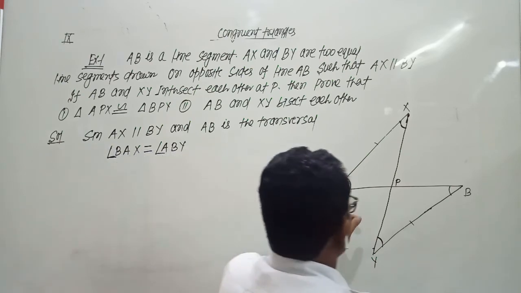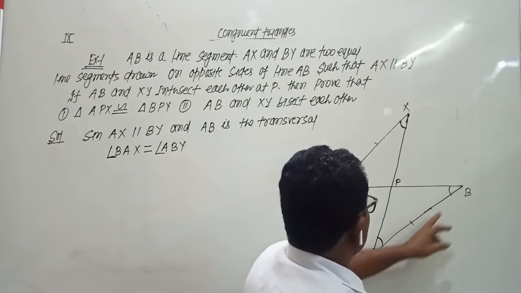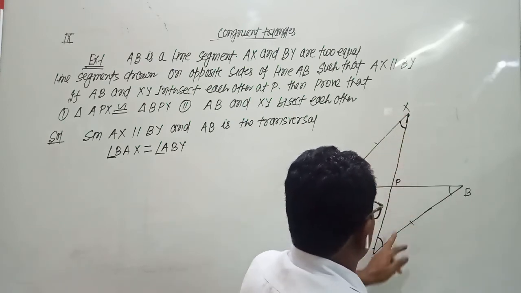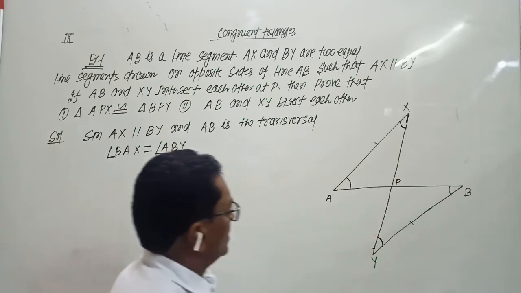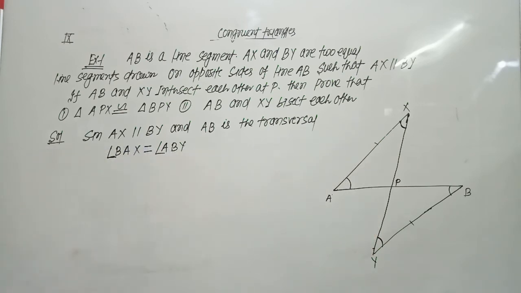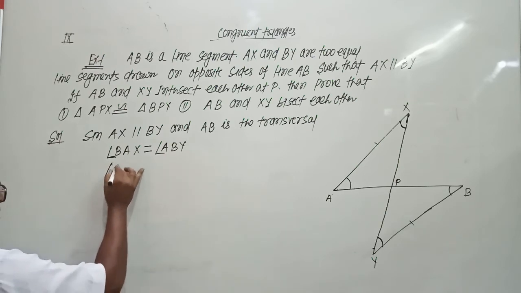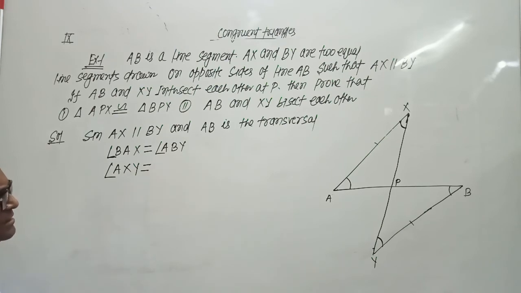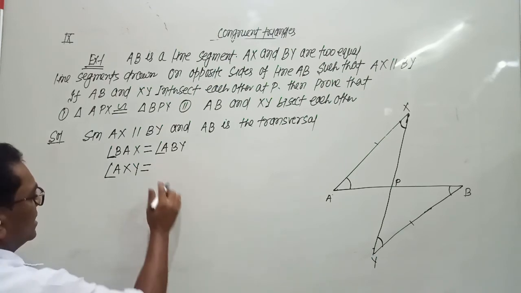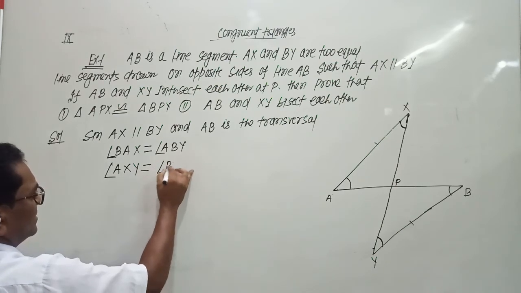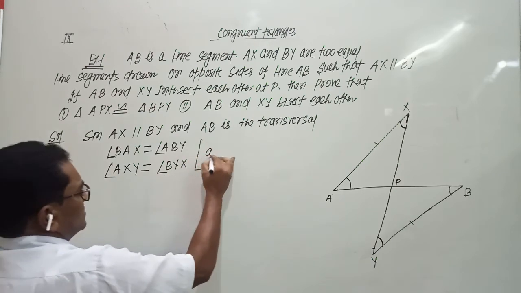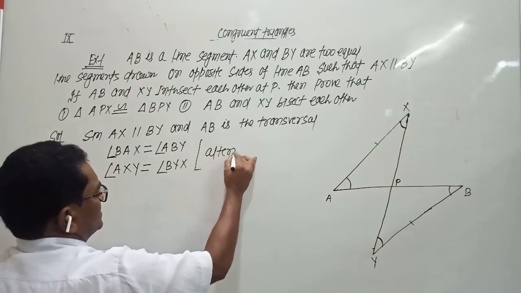In this case, AX and BY are parallel and XY is the transversal, so alternate angles are equal.